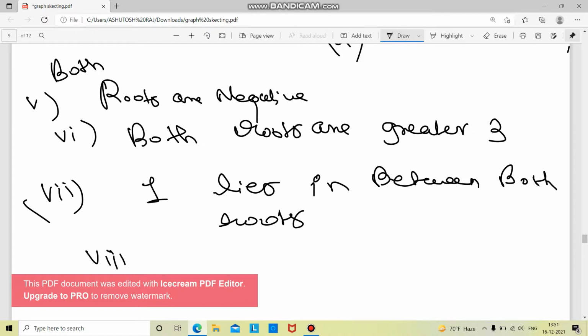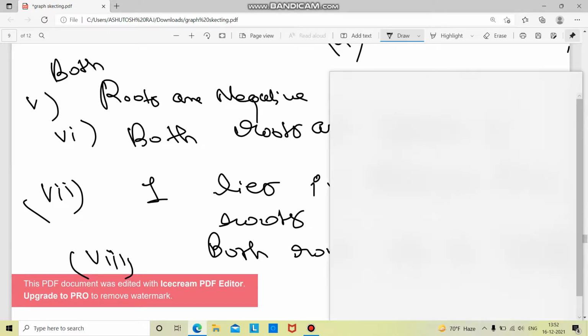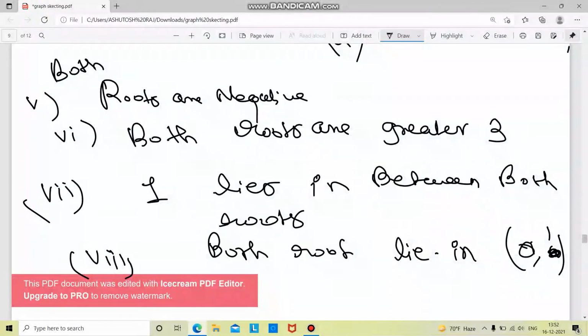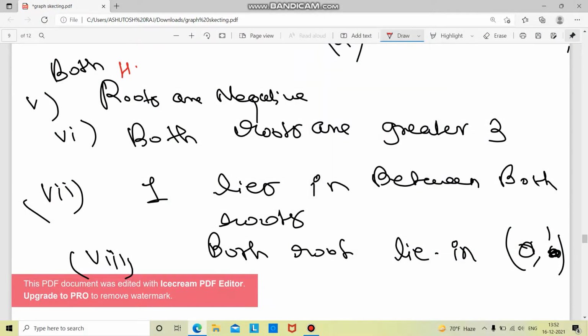And eighth: both roots lie in minus 1 to 0 or 0 to 1. Any interval you can take; I am just taking an example. Or both roots are negative. This would be your homework. Just apply D greater than 0, intersection alpha plus beta less than 0, and alpha into beta greater than 0. It is very easy.